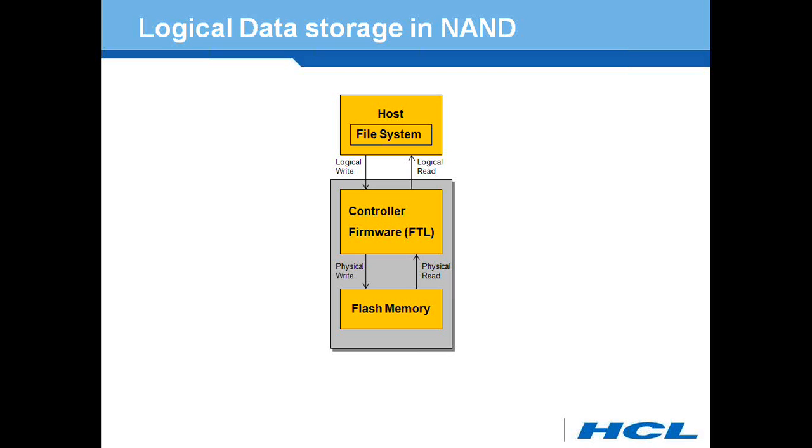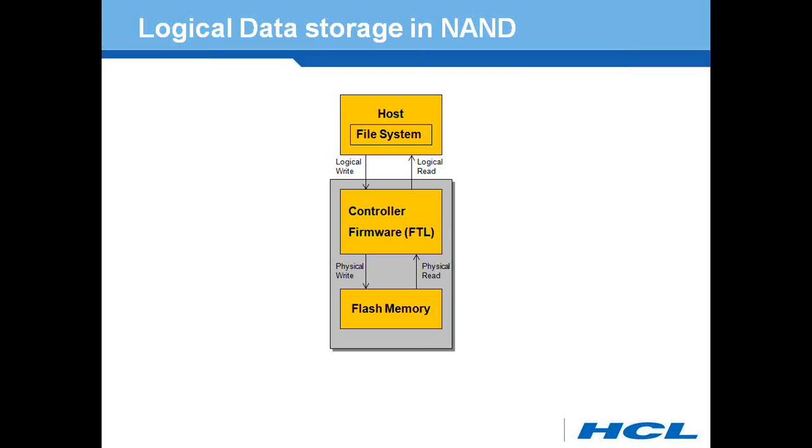For example, when we try to write a file into the storage media, the file system sends the logical write command to the controller firmware, where the FTL finds a free location where the data can be stored.